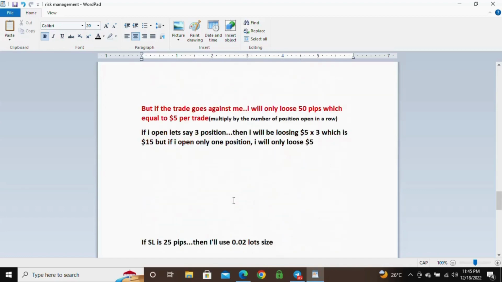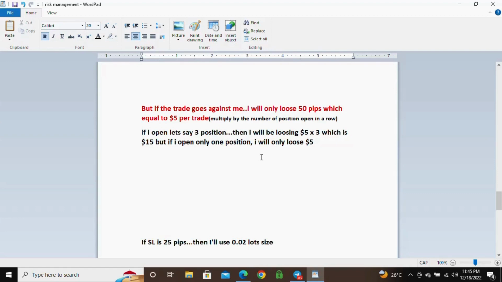But if the trade goes against me, I will lose 50 pips, which equals $5. So it depends on the amount of positions you open. If I open 3 positions, then I will be losing $5 multiplied by 3, which is $15. But if I open only 1 position, I will only lose $5.